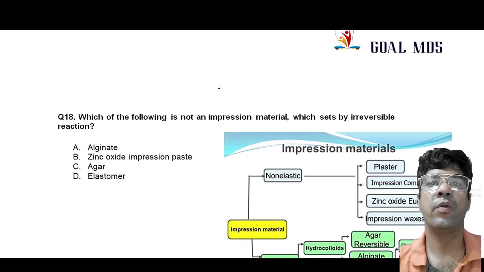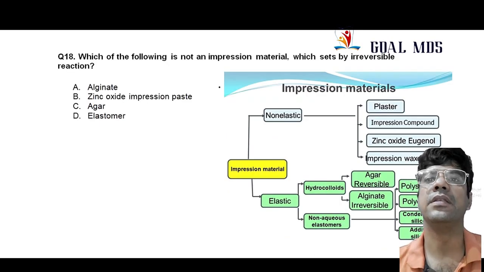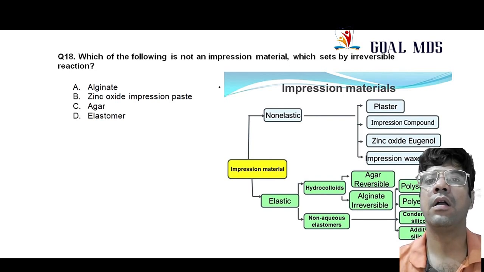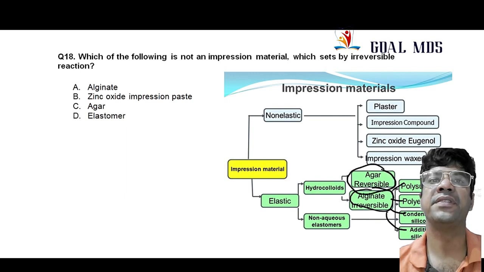Which of the following is not an impression material which sets by an irreversible reaction? These are the materials that set by irreversible reaction, and agar, the hydrocolloid, is reversible.